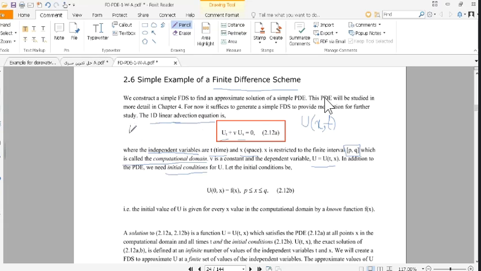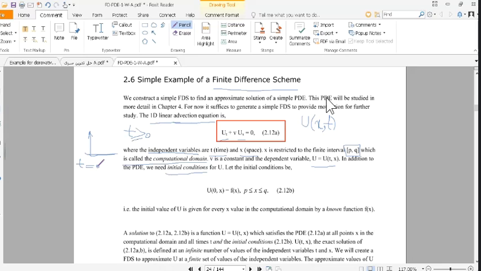Suppose t starts from 0, so t is bigger than or equal to 0. The u at the first t, meaning u at t equal to 0, is the initial condition. Initial condition means the solution of u at the start point of t.